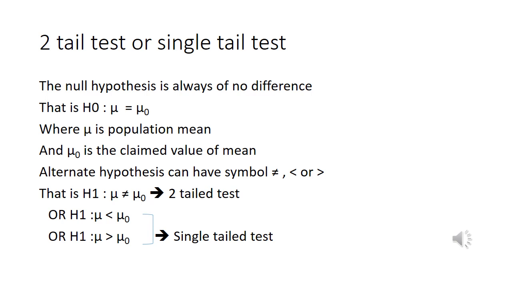When a particular person is claiming that the average life of the bulbs manufactured by it is 6 months, our null hypothesis is that population mean is equal to 6 months, and the alternate hypothesis is that the population mean is not equal to 6 months. In this case, we will apply the two-tailed test.